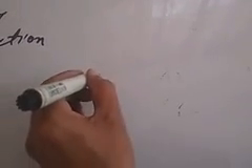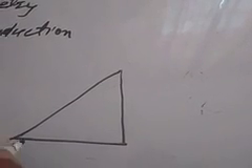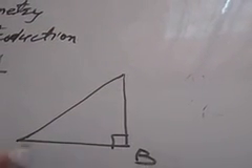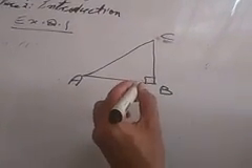Last point regarding this. Suppose you have a triangle; I will take the question from exercise 8.1 so that you will get it. The question is, you have a triangle ABC right angled at B. It is your choice whether you write A here or C here, but B is the 90 degree angle.